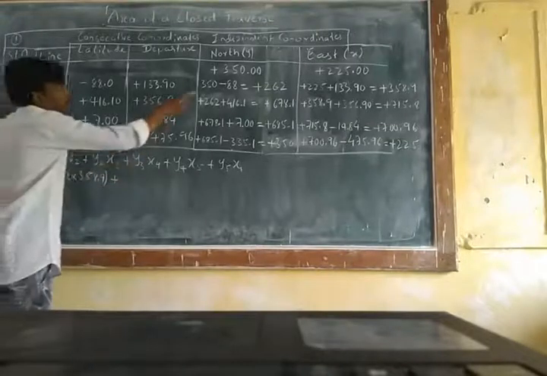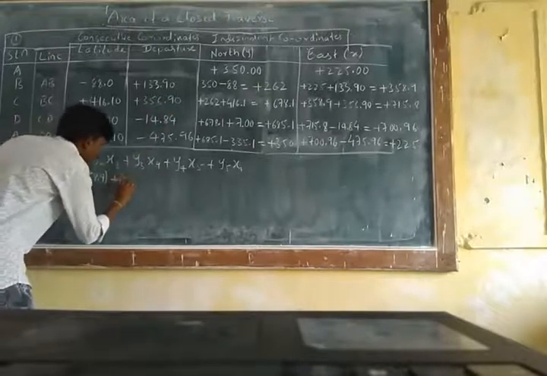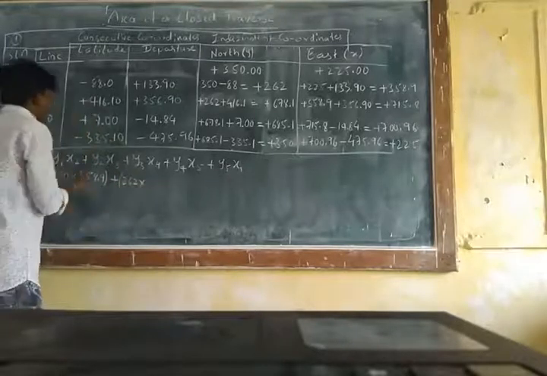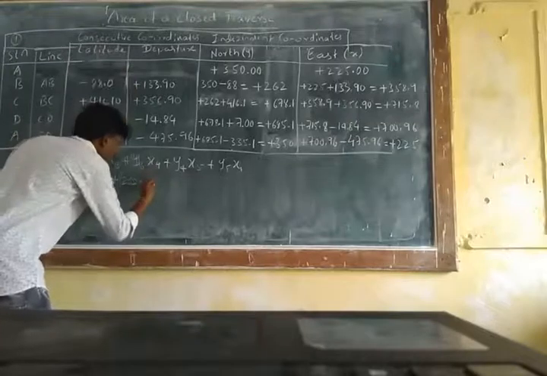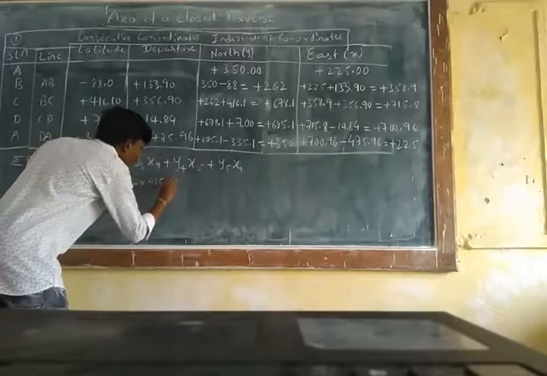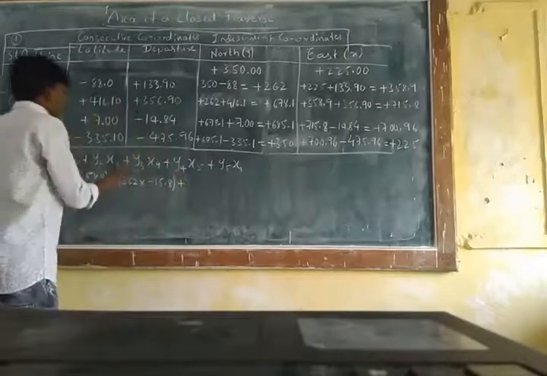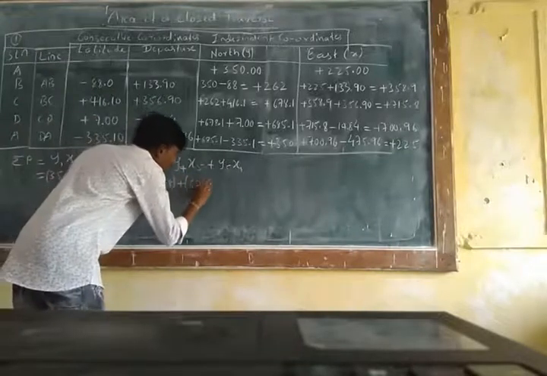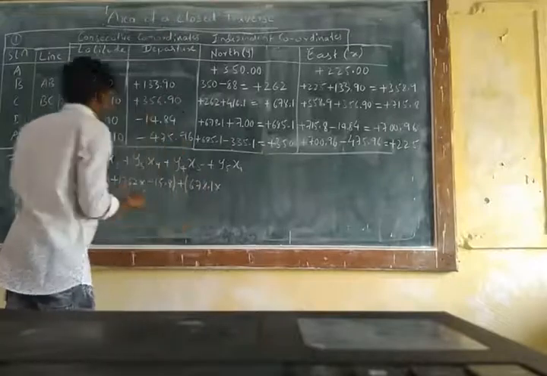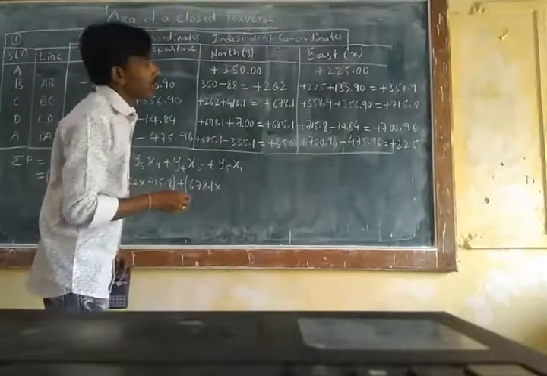The y2 value is plus 262, multiplied by x3. The x3 value is 715.8. Right? 715.8 plus y3 value is 678.1. So 678.1 multiplied by the x4 value is 700.96.